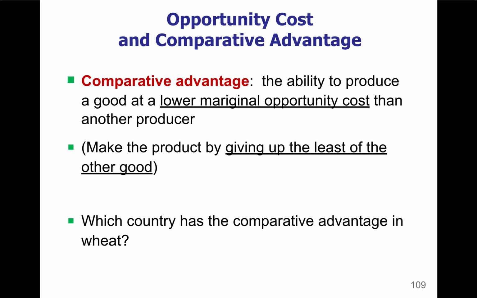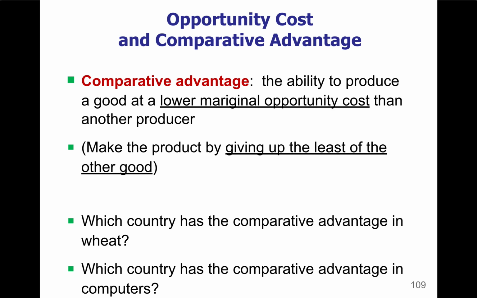Japan's 240 to 1200 is a 1-to-5 ratio. So we have a comparative advantage in making wheat, because every time we make a wheat, we only give up 1/10 of a computer. They would have to give up 1/5 of a computer. 1/10 is a smaller number, so we have a lower opportunity cost.